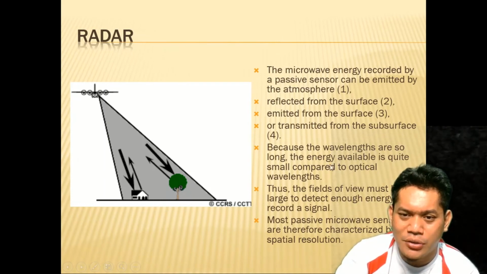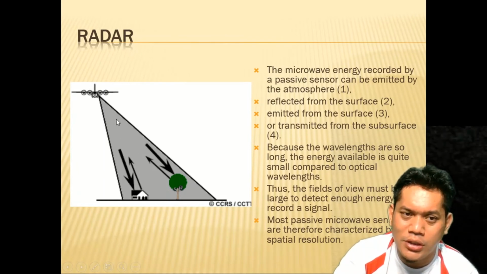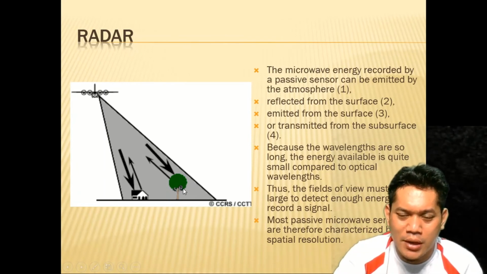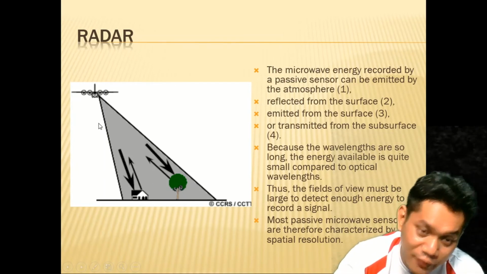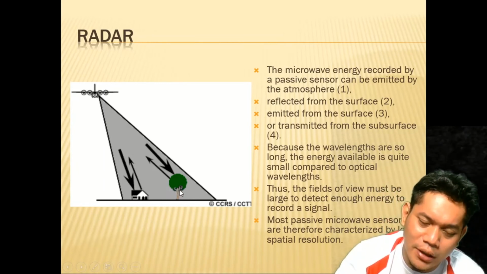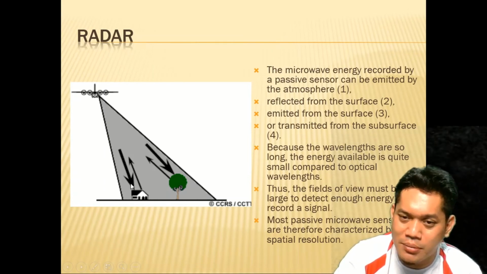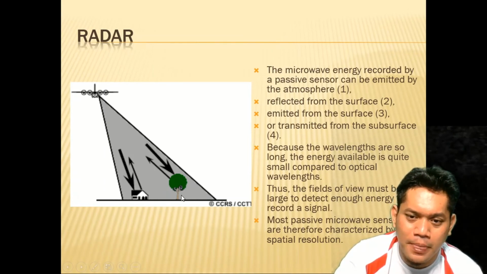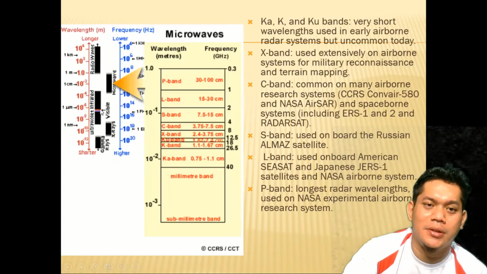Because the wavelengths are so long, the energy is quite small, and because it is very small, it requires a bigger area in order for the energy to be reflected back. That's why radar doesn't have a high spatial resolution. It has very low resolution images. Then it goes back to the platform, and the platform will record and determine.